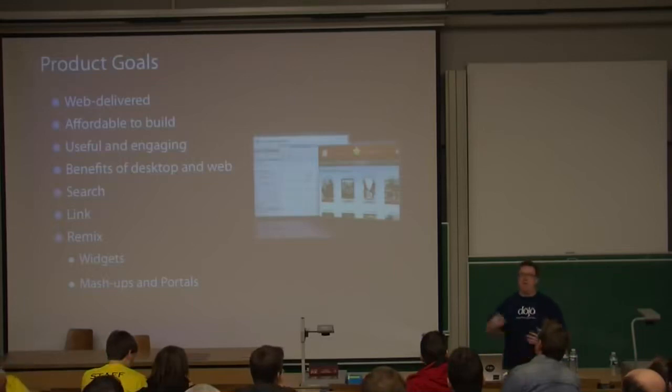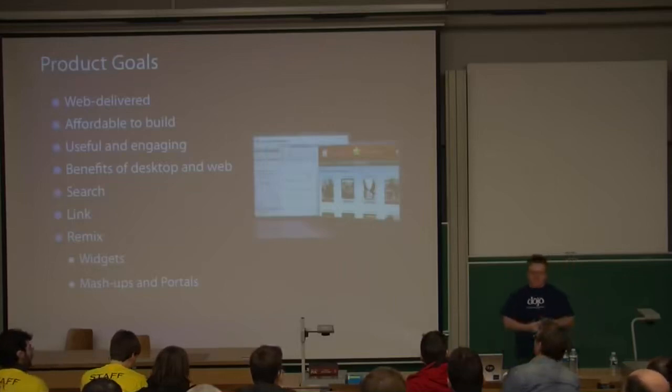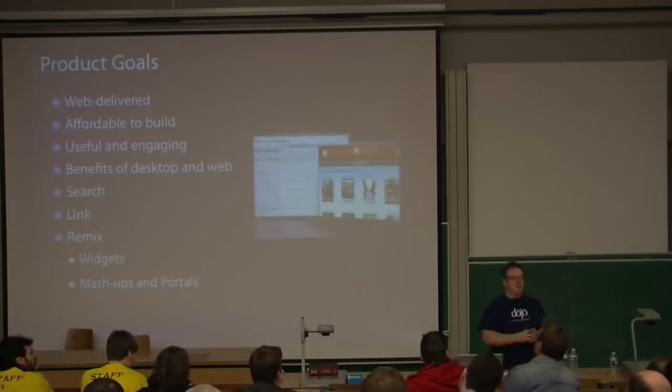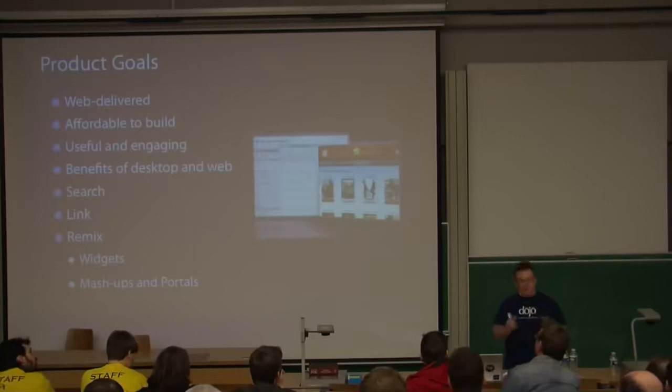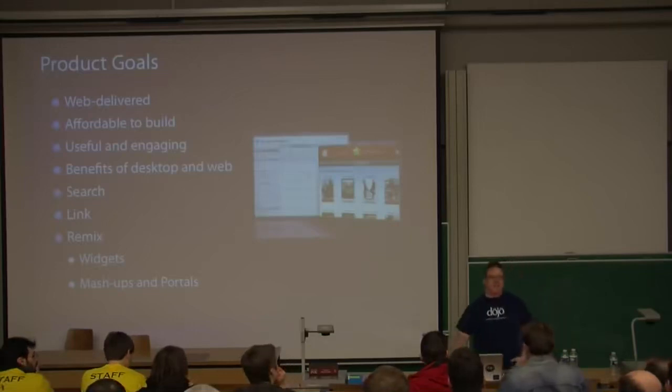Because the web gives you so many other things like linking and remixing and searchability and all of these features. And it's not pixel precision, but a layout in an application that works in any size screen, within reason. Obviously, if your screen's 10 pixels wide, you can't do much with it. But the idea is give your users the best of both worlds, not just cloning Outlook and putting it on the web.